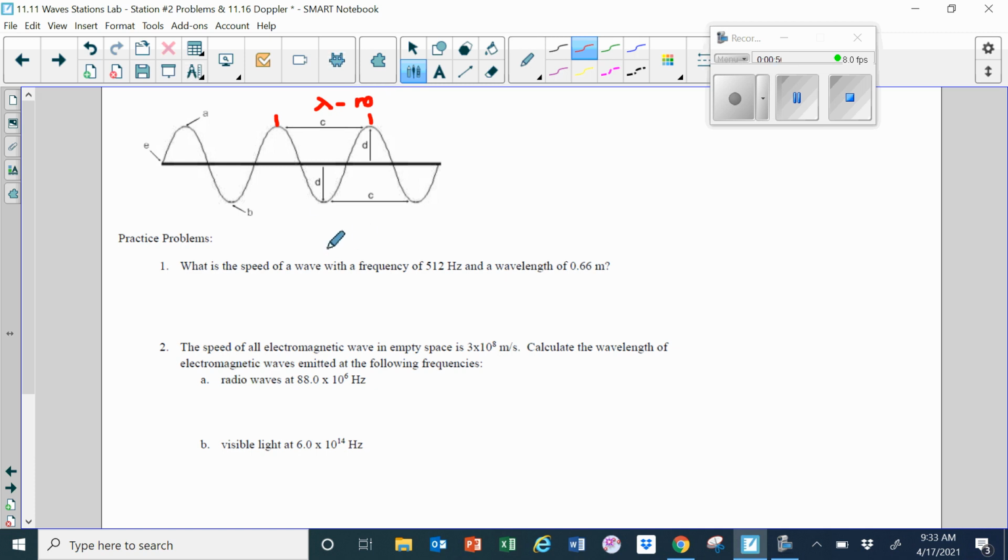There are two other common ways of measuring a wave. The other one is from trough to trough, and that's this one here. That's also the wavelength. You notice these are the same lengths, right?